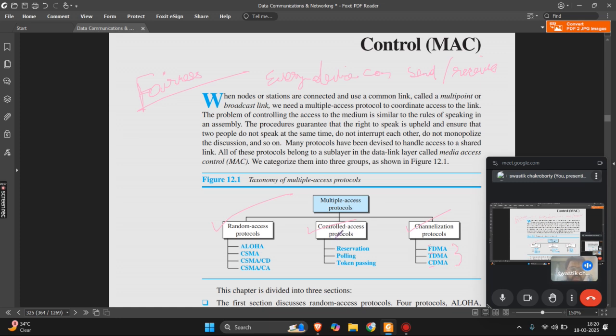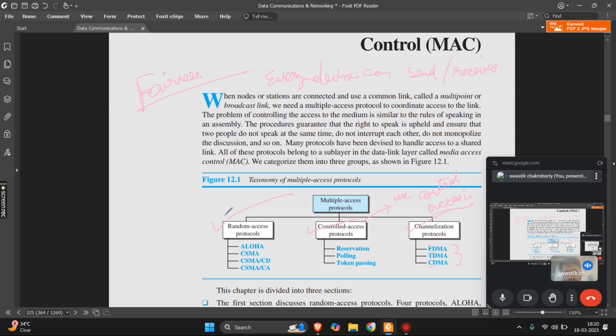But in a controlled access protocol, we control the sequence and manner in which the users are accessing the network resources. So the access is happening in a very controlled manner. You can make a reservation: if you want to send your data, you first have to make a reservation, or you can do polling and token passing.